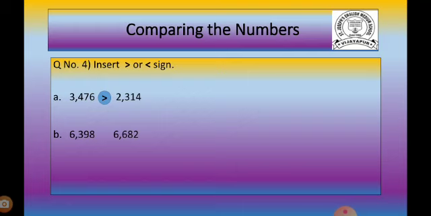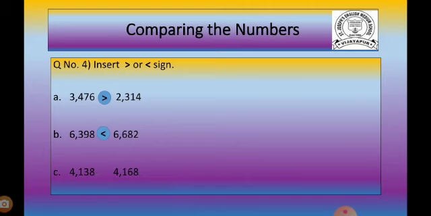Now B question, 6398 and 6682. 6000 is equal to 6000. 300 is smaller than 600. That means 6398 is smaller than 6682.